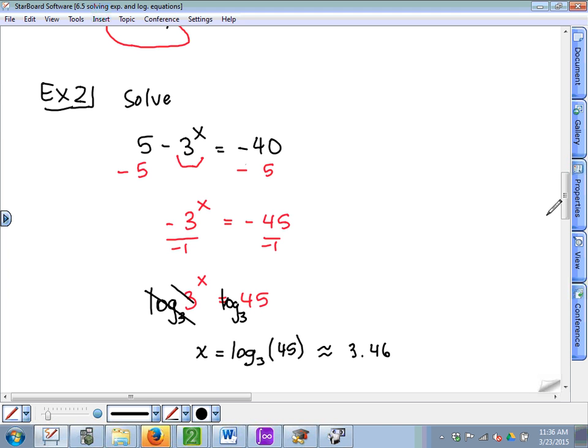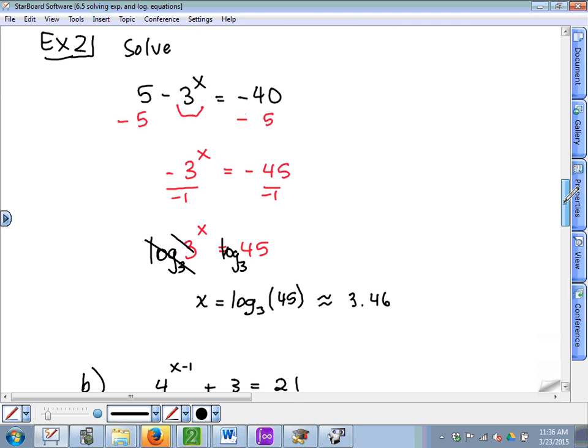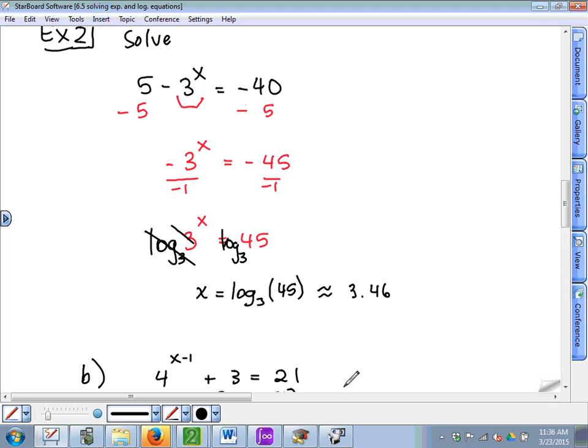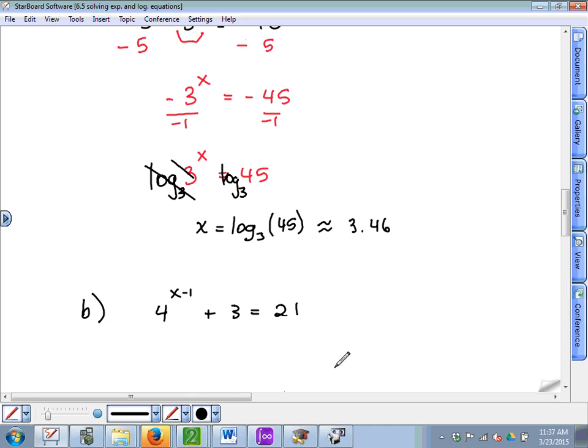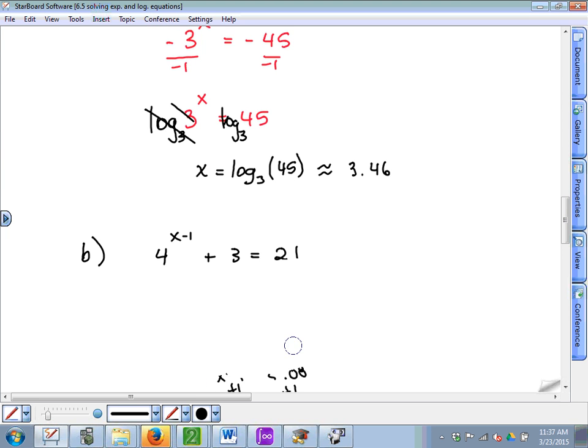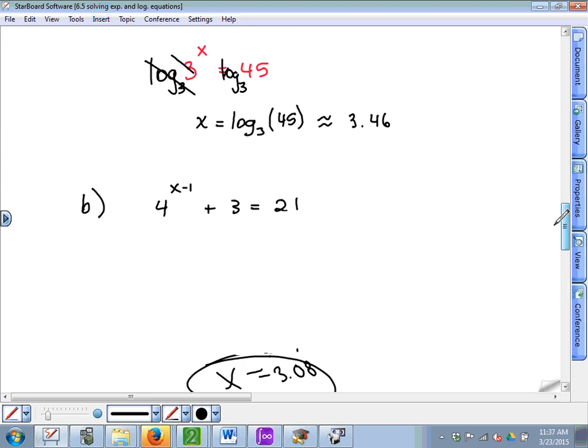Just like with that square root problem we started with, sometimes there's a few steps to do before you can use logarithms. So try this one. 4 to the power of x minus 1, plus 3, equals 21.